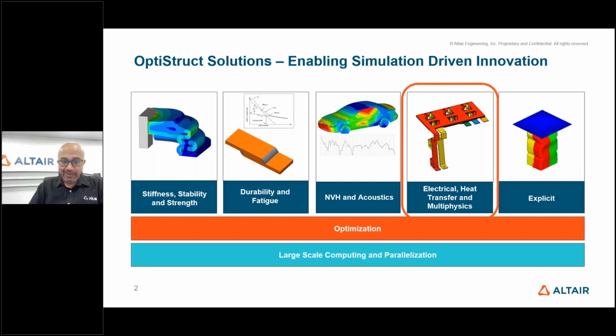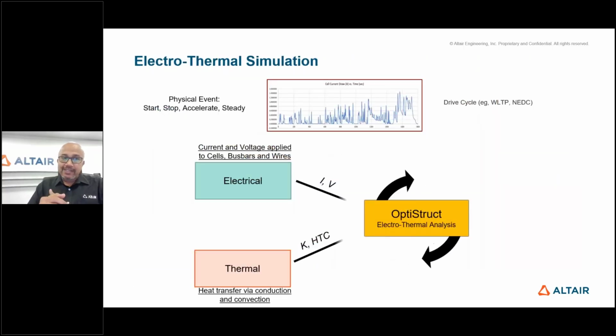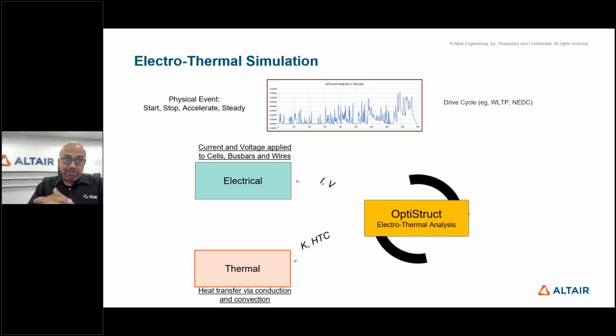So, electrical loading. If I take the scenario in our machines and equipment, there will be cycles where the current is passing either in a linear steady state way, or there are possibilities where there is a start, stop, and accelerate, those kinds of cycles.